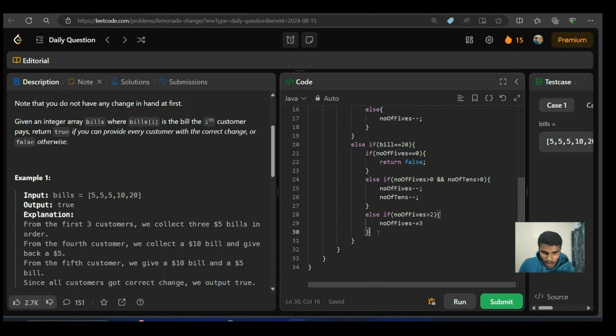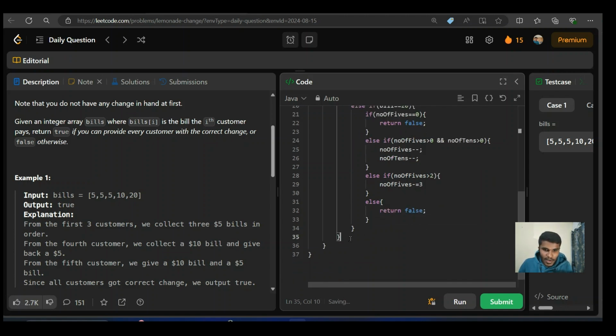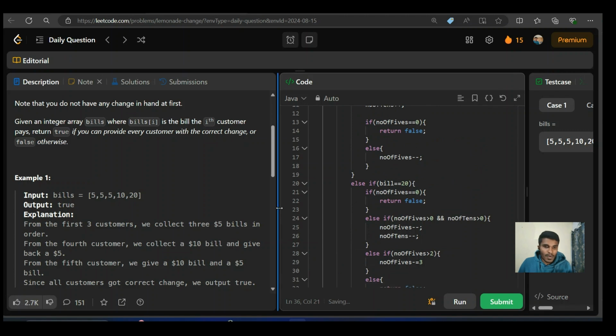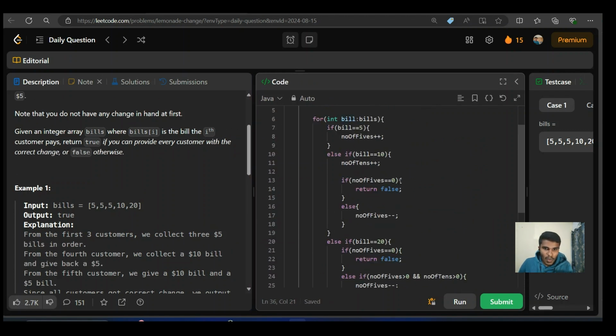And else I return false here. Finally, I return true. Okay, what are we doing in our code here?